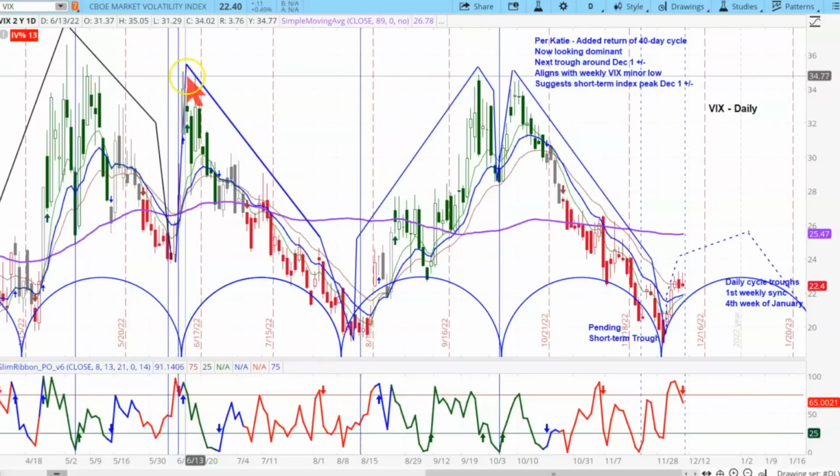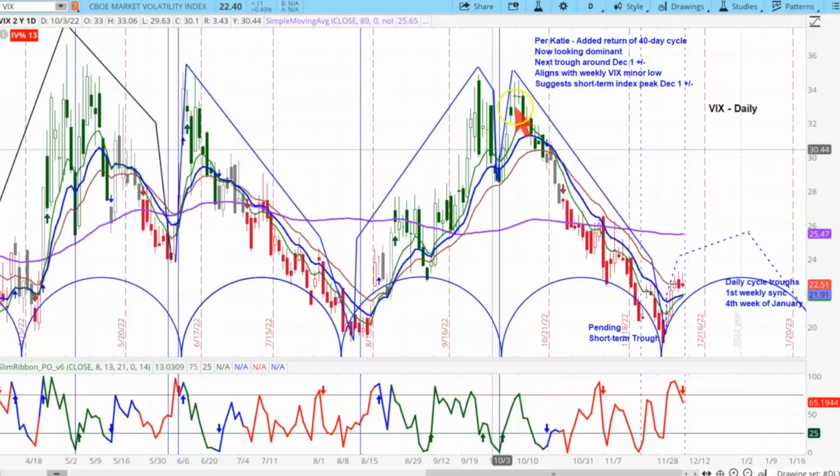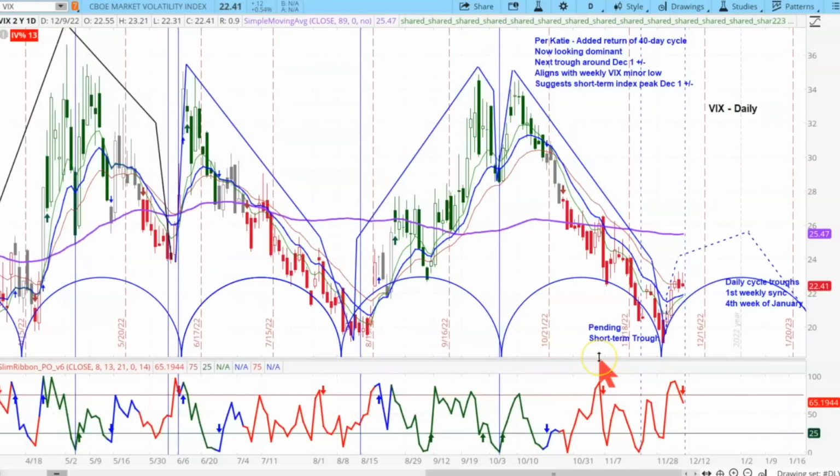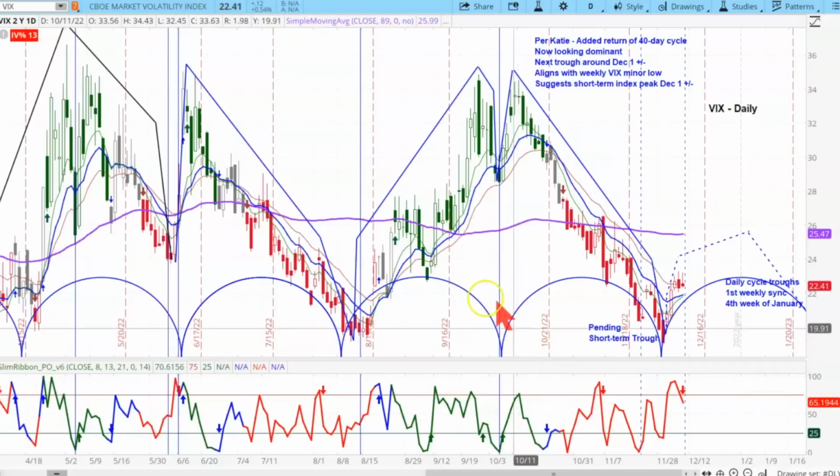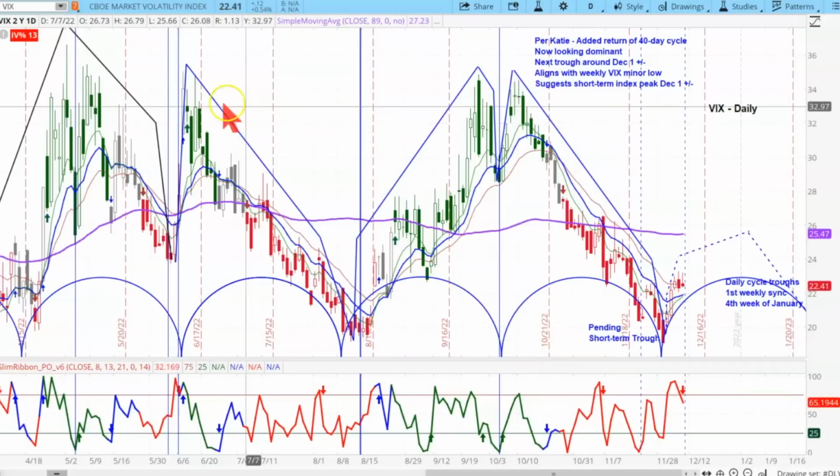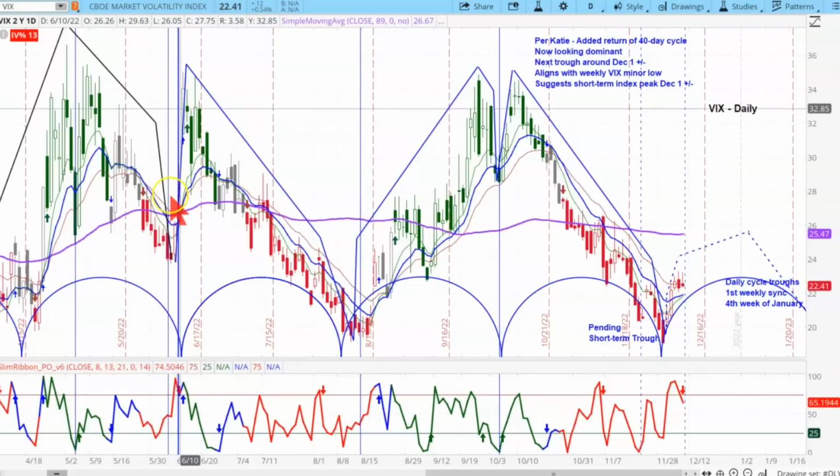Sometimes it peaks on the left side, which we call a left-hand translation. Sometimes it peaks on the right side, which we call a right-hand translation. In this case, it was a right hand followed by a left hand, and this is very important information. On top of that, you can see these vertical lines that show you where the cycle actually bottomed, right in here and right here.